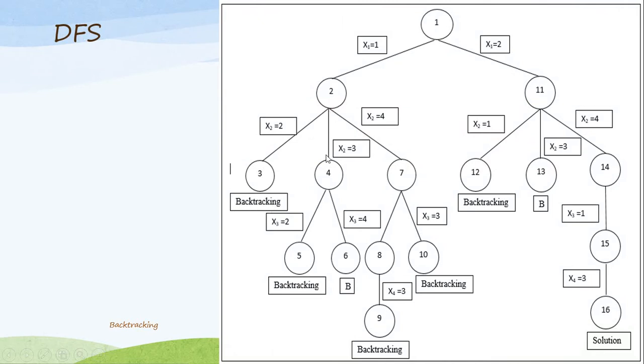Then we are moving towards the fourth node, then the fifth node. Again we are backtracking here. Similarly, in the whole tree we are traversing by DFS, depth first search. And here the desired solution is represented with the tuple x1 to xn. In this example it is x1, x2, x3 and x4.